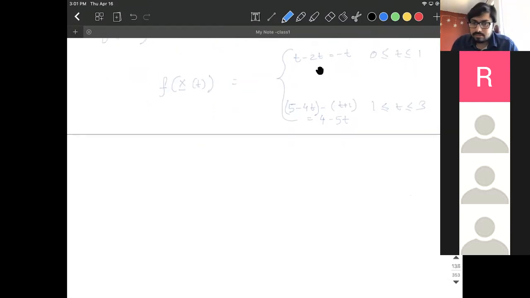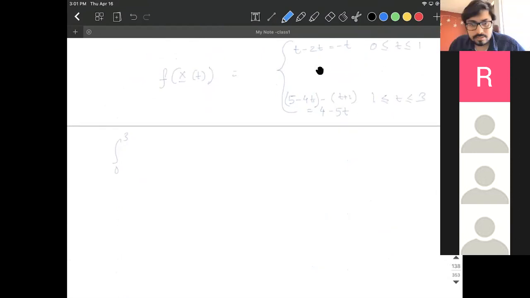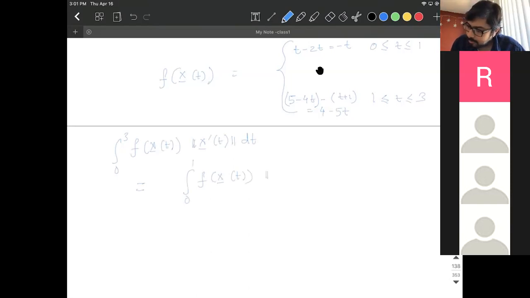Now, the next step is to integrate from 0 to 3 f of x(t) x prime(t) dt. So this is integration from 0 to 1 f of x(t) dt, plus from 1 to 3.